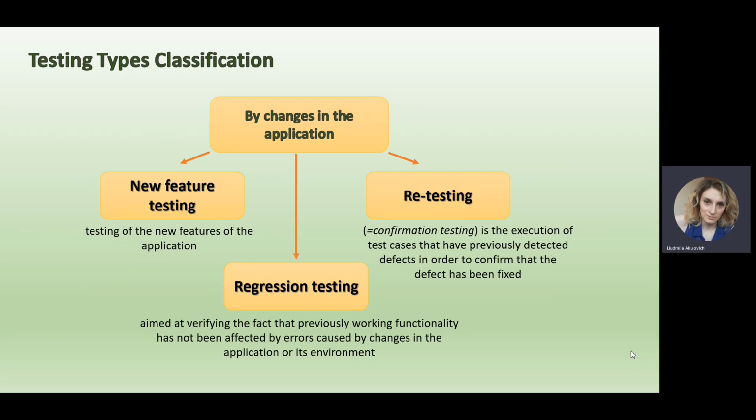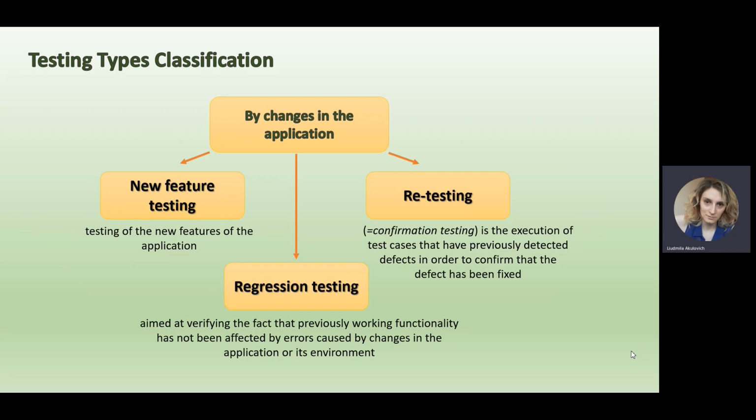The synonyms for retesting are confirmation testing and verification testing. This is testing of previously tested functionality in order to confirm that the bug that appeared in it was fixed. So you retest just one test case, following only the selected steps to reproduce.